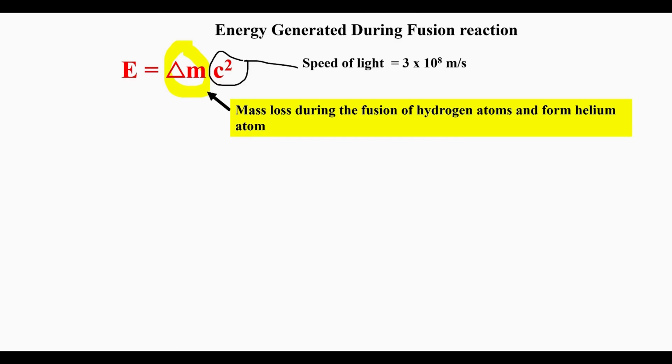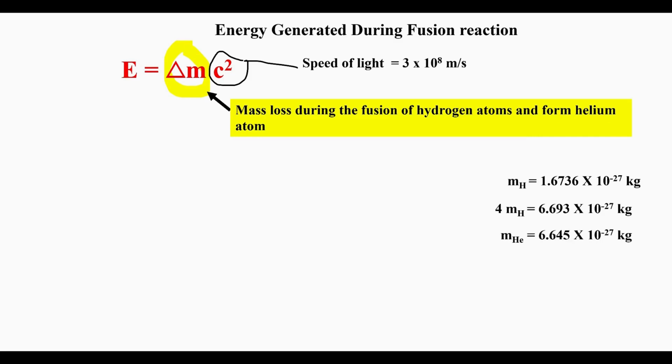In order to obtain the loss of mass, first we see the mass of a single hydrogen atom is equal to 1.6736 into 10 raised to the power minus 27 kg, and 4 hydrogen atoms together have a mass equal to 6.693 into 10 raised to the power minus 27 kg.